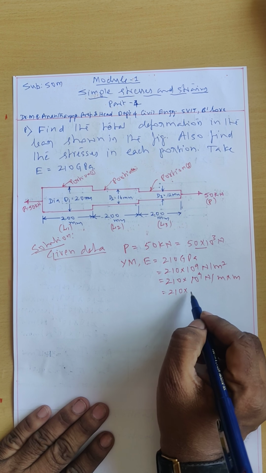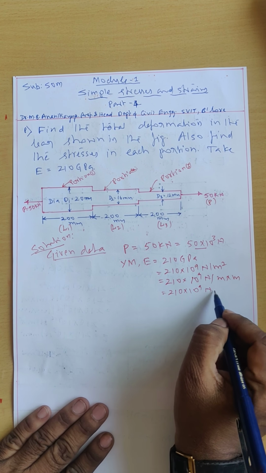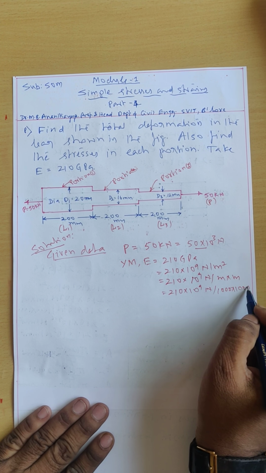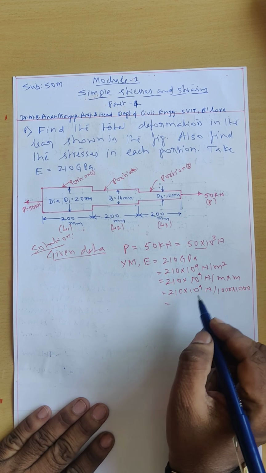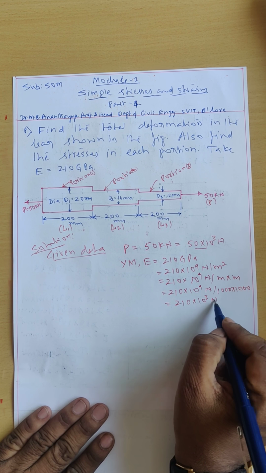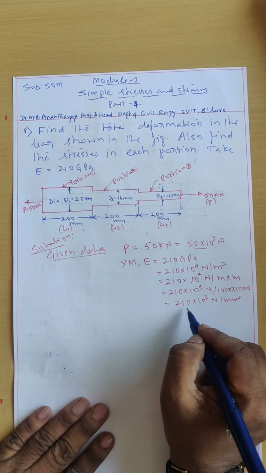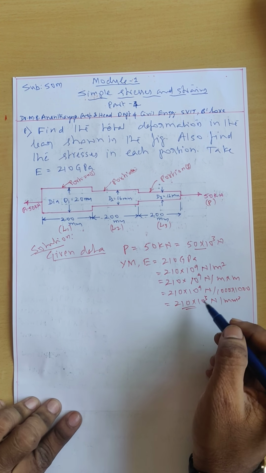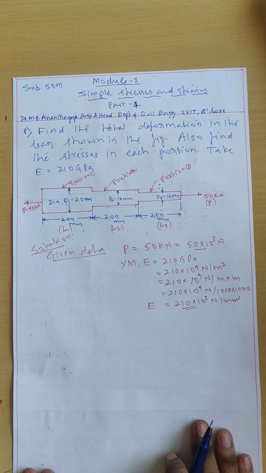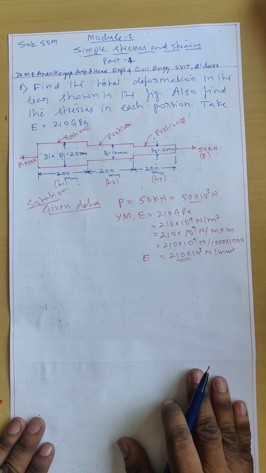Therefore, 210 into 10 to the power 9 Newton, 1000 into 1000. It goes to the numerator, meaning 210 into 10 to the power 3 Newton per millimeter square. E also we calculated, therefore this is the value of E in Newton per millimeter square.